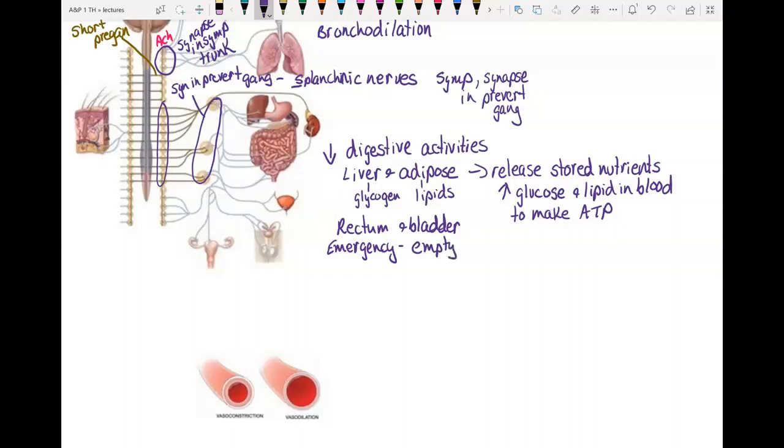If it's just a busy, hectic day, then they tend to be inhibited. Think about if you have a busy, hectic day at work and it's just go, go, go. You can go all day and not eat and not go to the bathroom because you're just so busy and hectic. And then with the genitals, we get ejaculation.